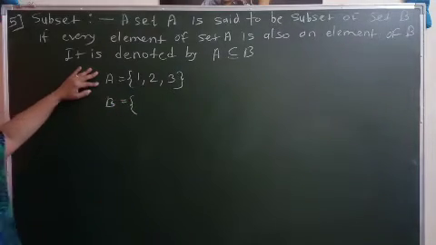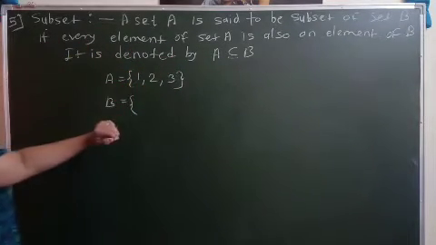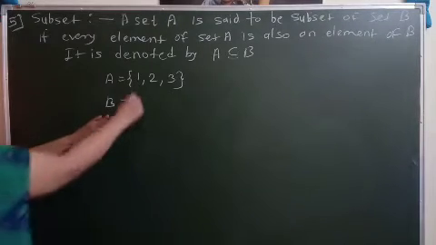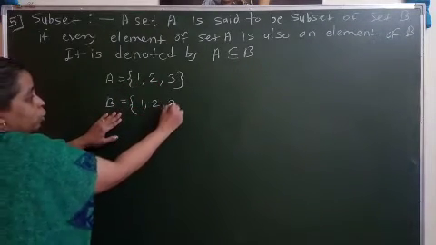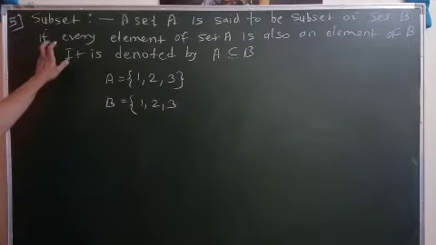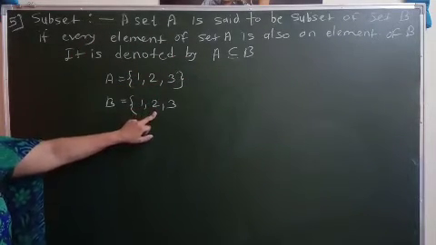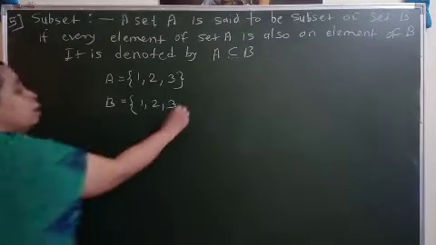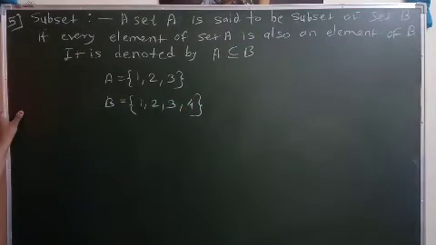Now condition is every element of set A is also an element of set B. So if A contains 1, 2, 3, then B also contains 1, 2 and 3. Then A is called subset of set B.